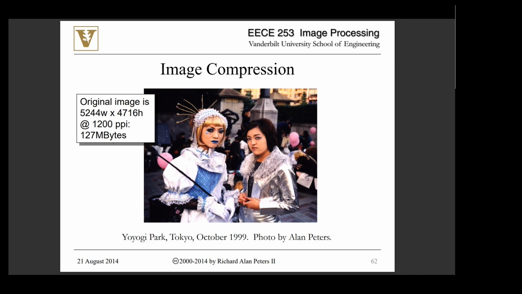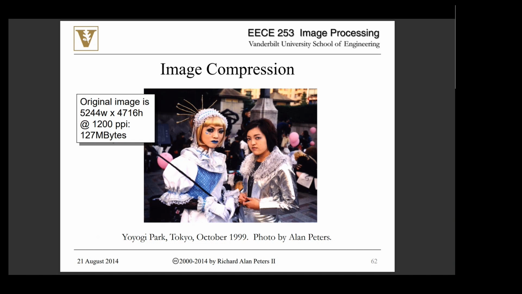And then the last lecture will be on image compression. When you take a picture, if you count how many bytes you would need to represent those colors, let's say that we have almost 5,000 pixels in each direction, and you need 3 bytes for each one of the pixels because we need the RGB components, and each one of them takes a byte.